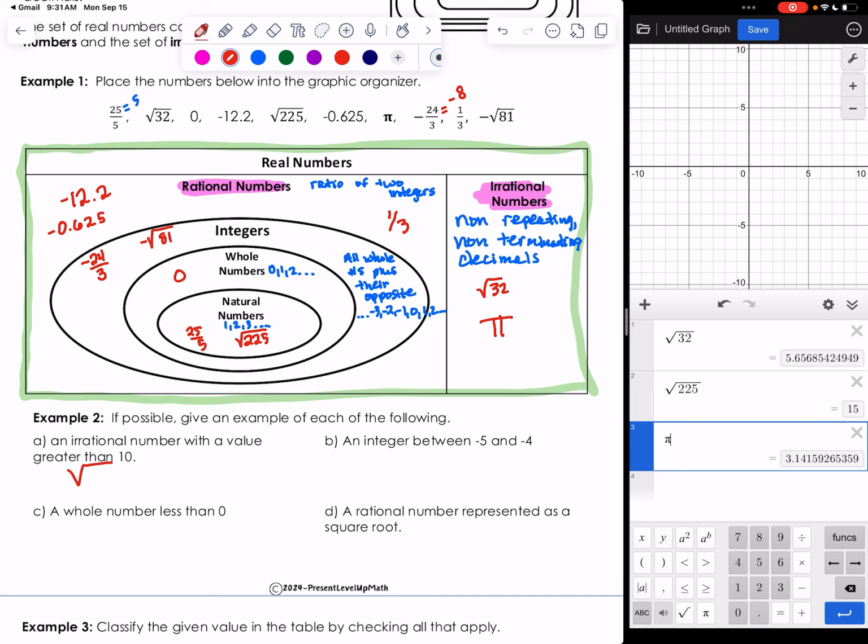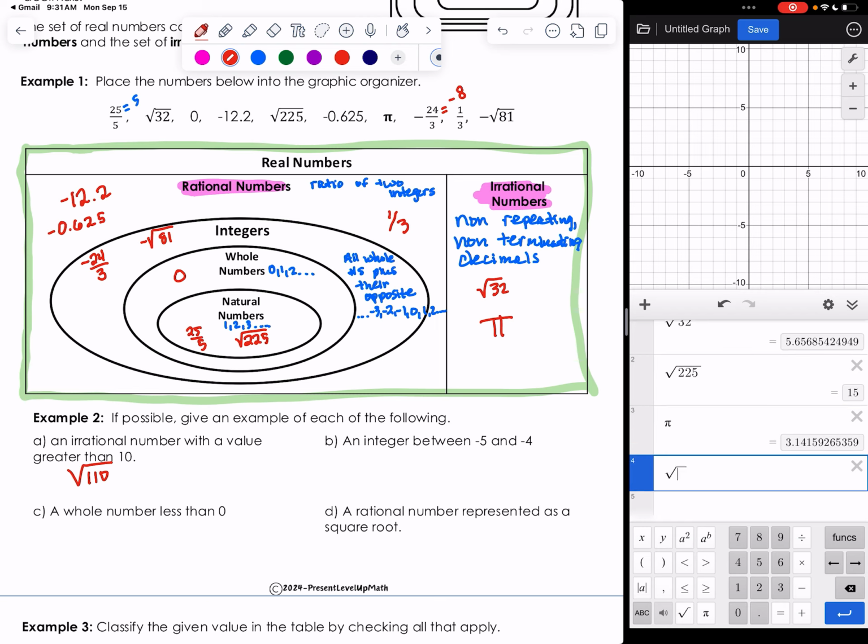So maybe something like square root of 110. There's lots of answers you could put here. Square root of 110. And let me just show you that that does indeed work out to an irrational number with a value greater than 10. See, 10.48808848817.